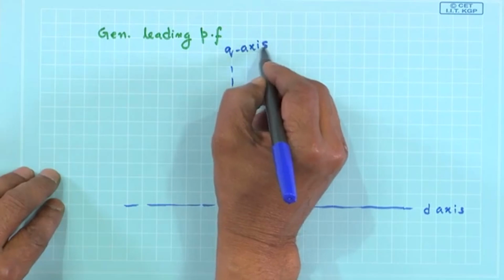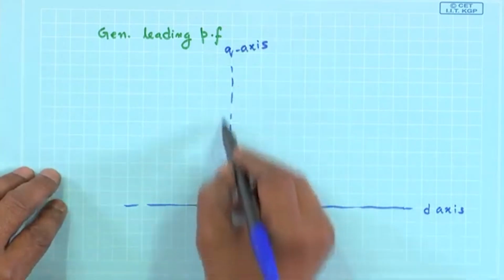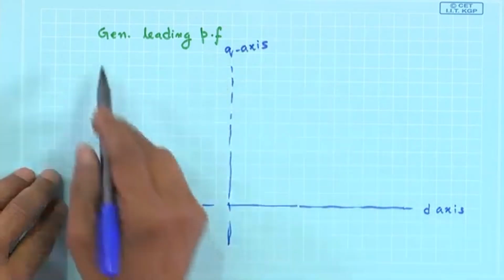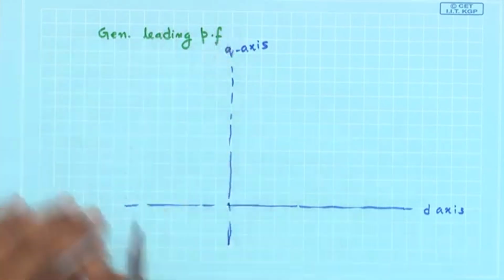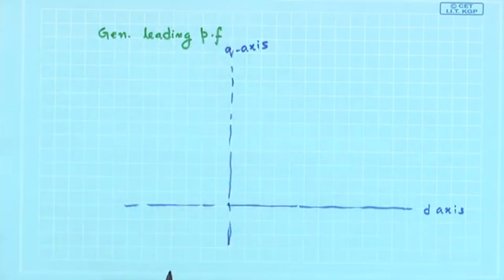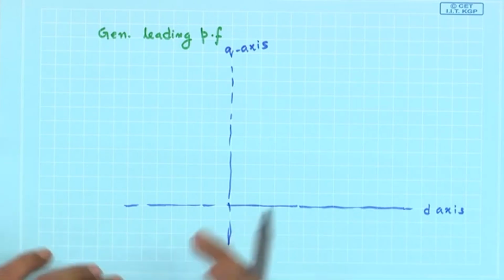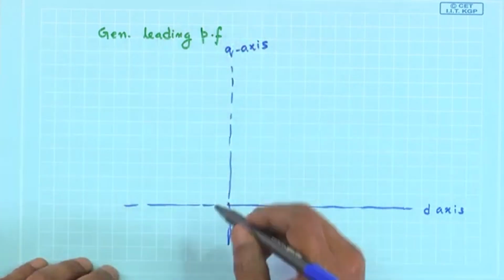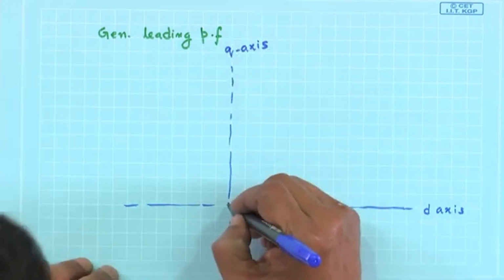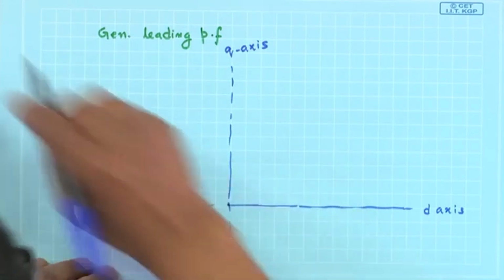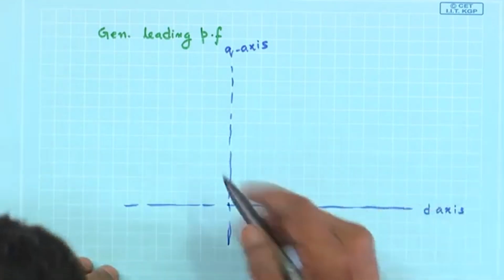Q axis means finally your Ef has to lie here. Now, I have been asked to draw the phasor diagram for leading power factor. So, with respect to V, current must lead, and also with respect to Ef, the internal voltage, suppose current leads. So, I first draw the IA here, IA.